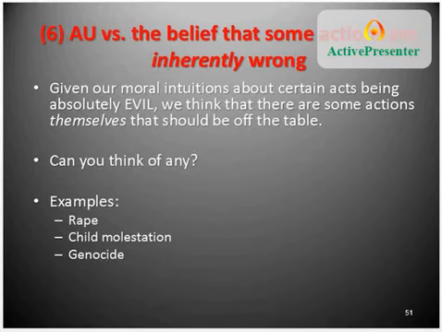Now, a utilitarian should say, yes, I should do that action. But it seems like no. There are some things like rape that should always be off the table, even if it produces a lot of good in the world. Child molestation, same thing.